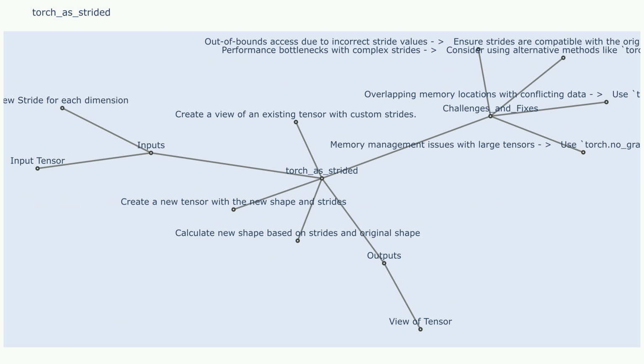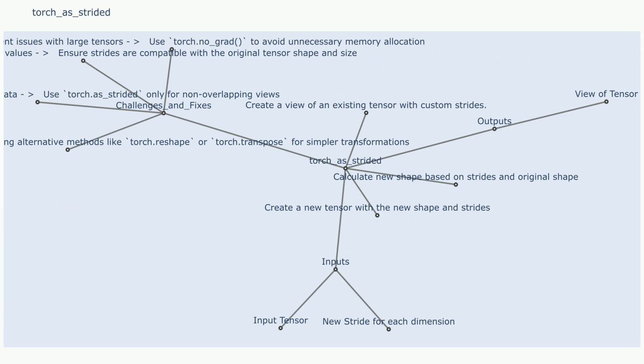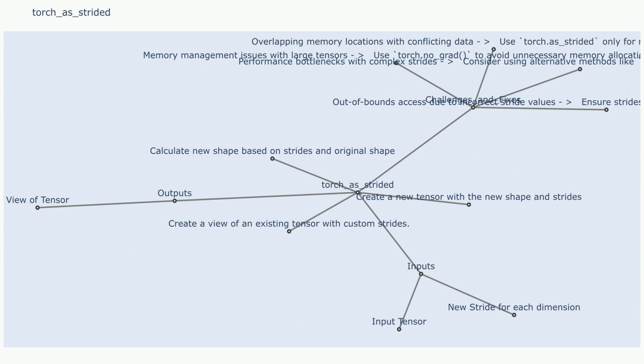The stride specifies the number of elements to skip between consecutive elements along each dimension. Input 4, storage offset, int. Optional, an offset into the storage of the original tensor. Defaults to 0. Outputs. Output 1, output tensor, a new strided view of the original tensor with the specified shape and stride.